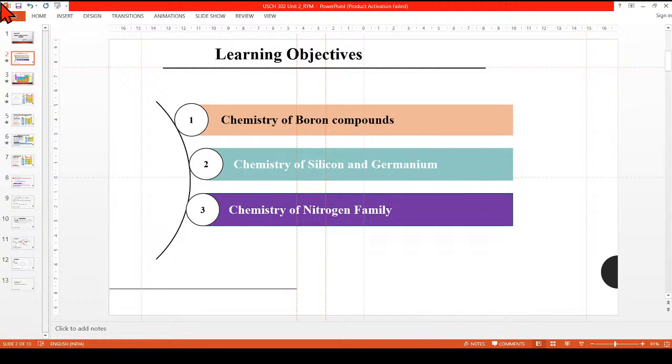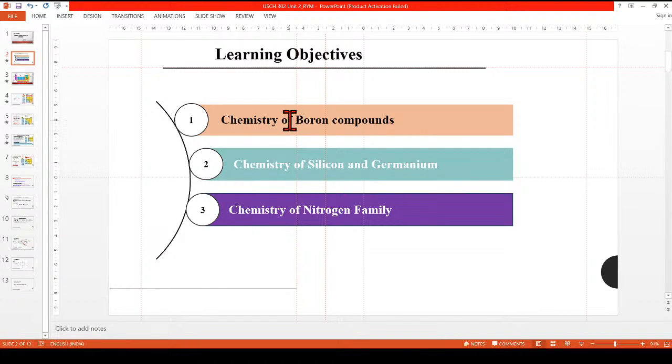So prepare for this topic carefully. Since 3 sub-units are there, today we will deal with the very first unit, chemistry of boron compounds. Tomorrow we will deal with the rest of 2.